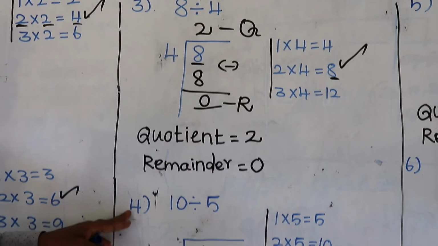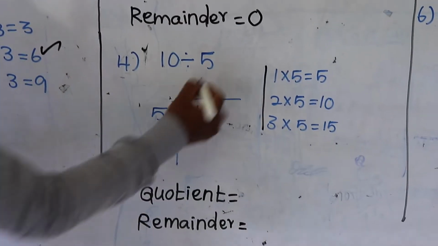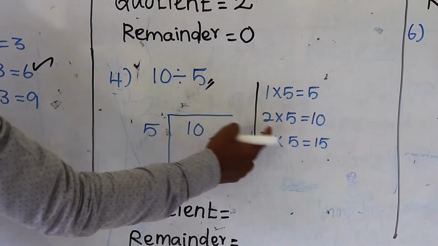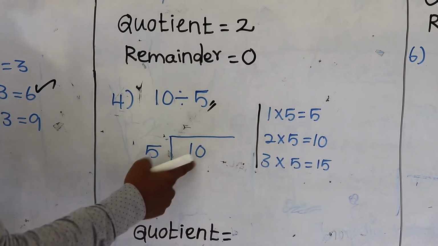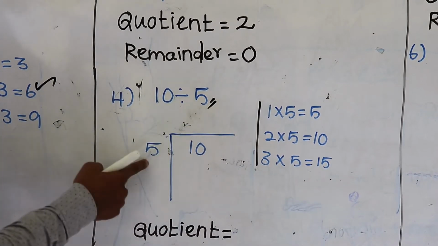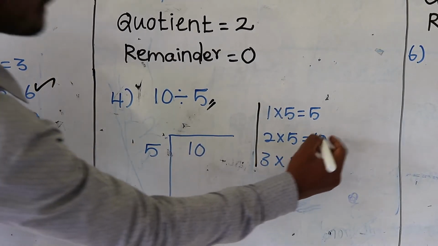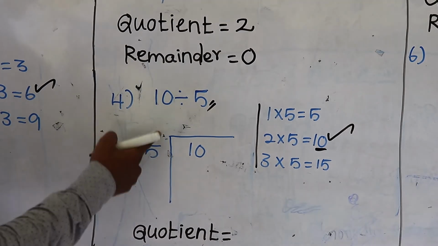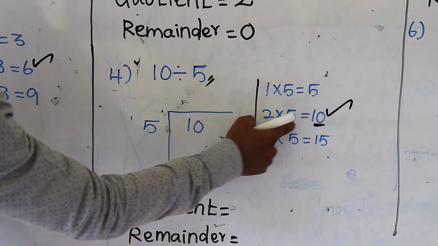Next, fourth sum, 10 divide 5. Now the fifth table is possible. 1 5 is 5, 2 5's are 10, 3 5's are 15. 10 divide 5. This is the divided value. Where is the divided value 10? Here we have 10, so this one is possible. How many 5's are 10? 2 5's are 10.